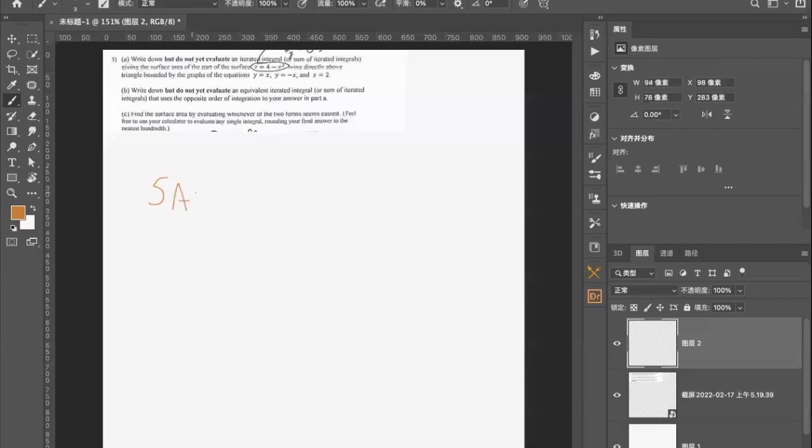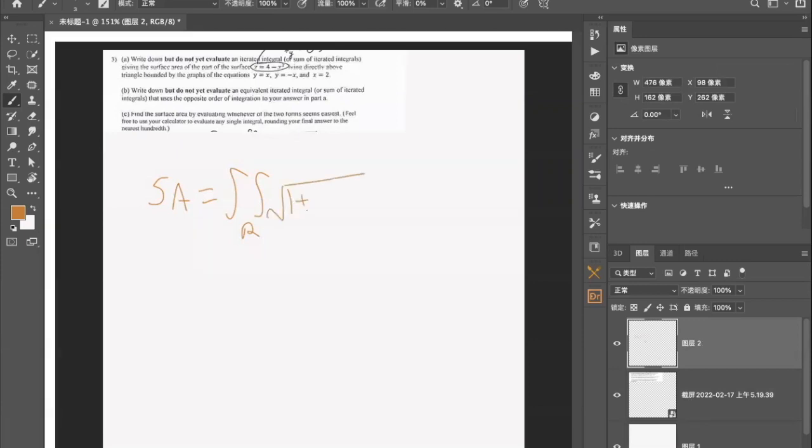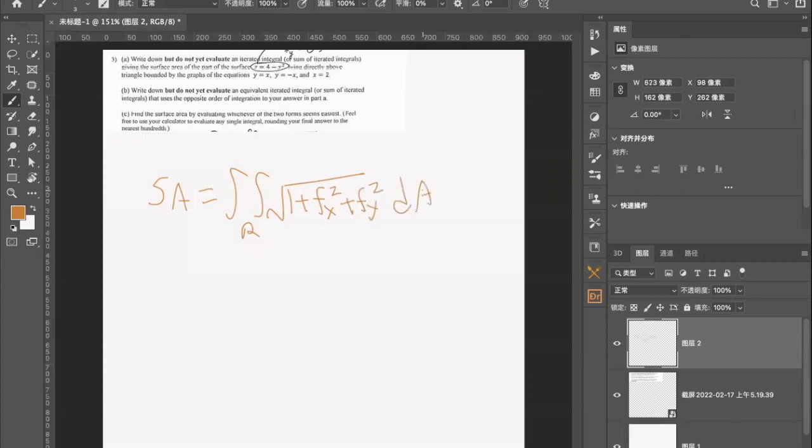We know the surface area is equal to the double integral within the region R of an equation, something like this.